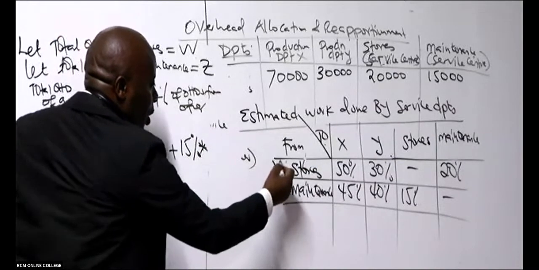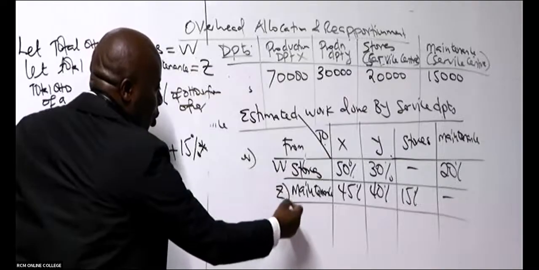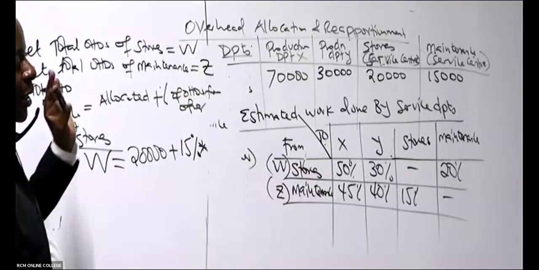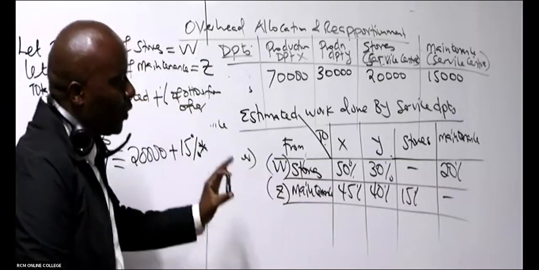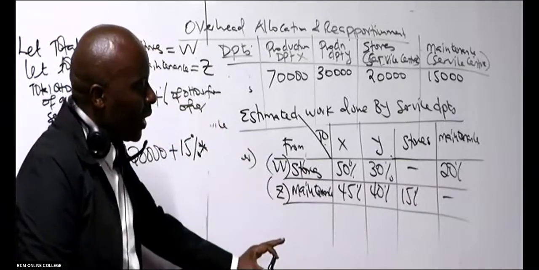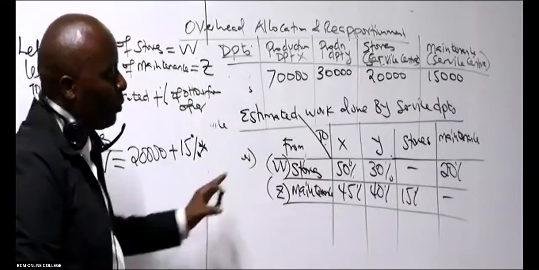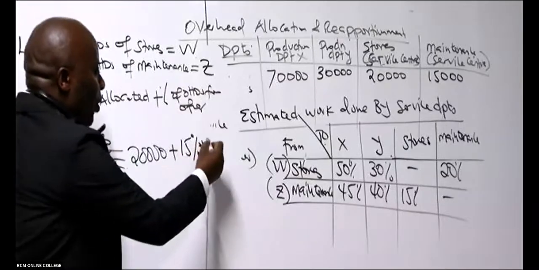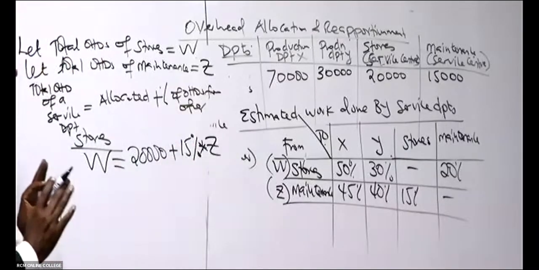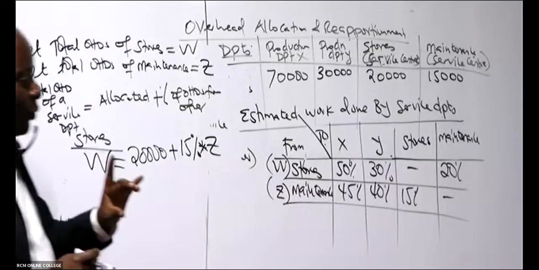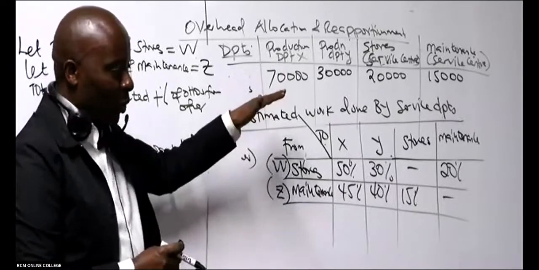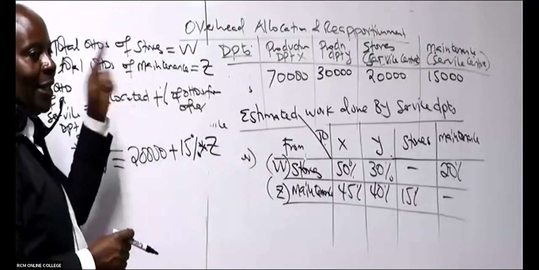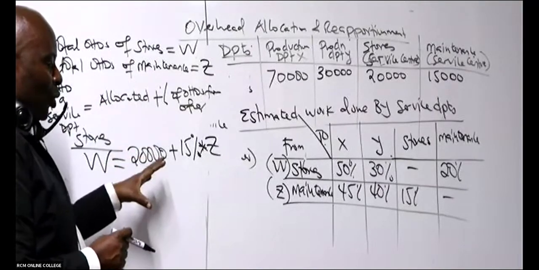Remember, stores you called W. Maintenance total you called Z. So stores is getting 15% from maintenance, so it will be 15% of the total maintenance cost, which is what here? No, 15,000 is just what has been allocated. But the total overhead for maintenance is Z.